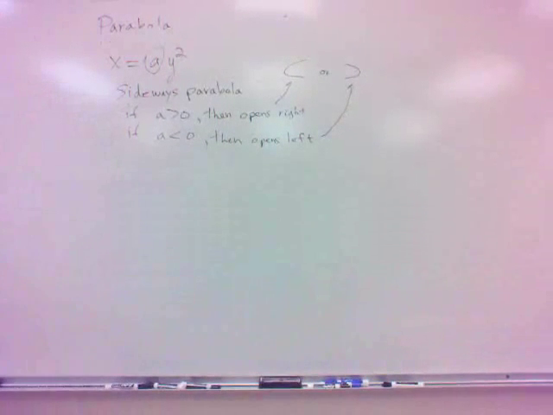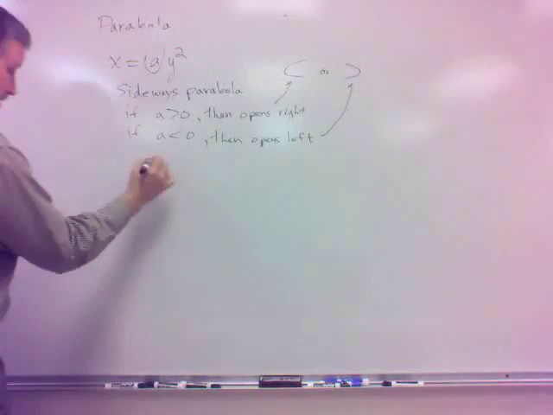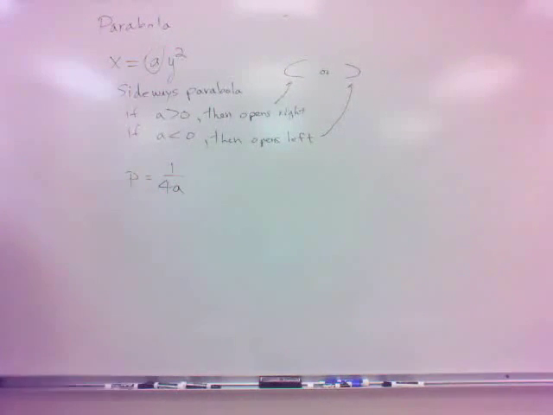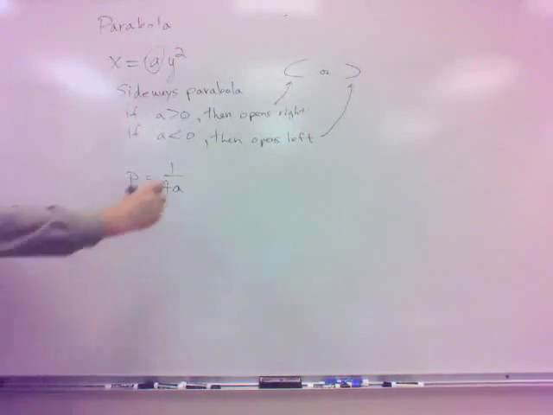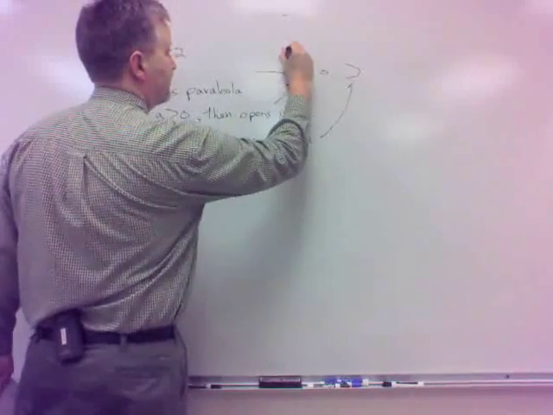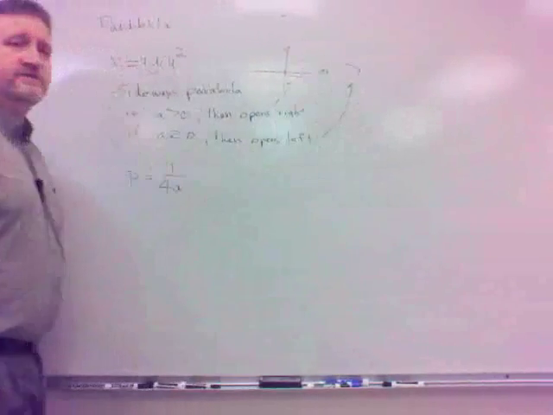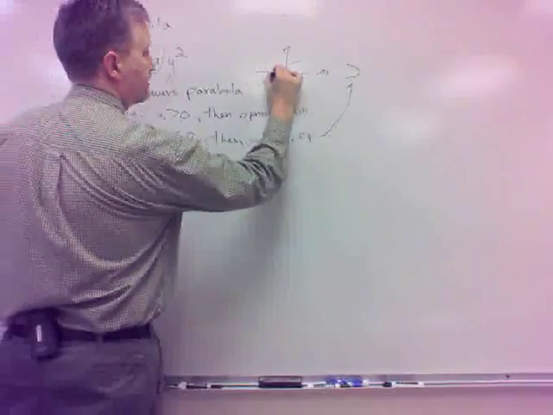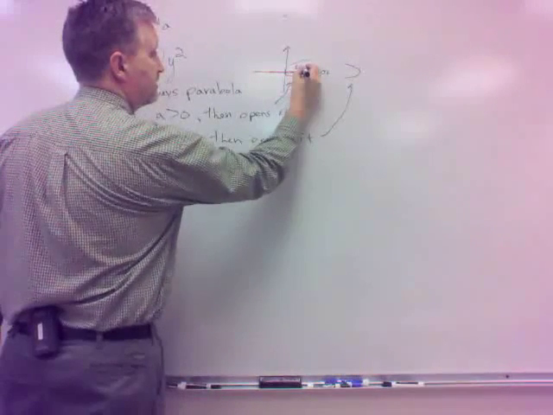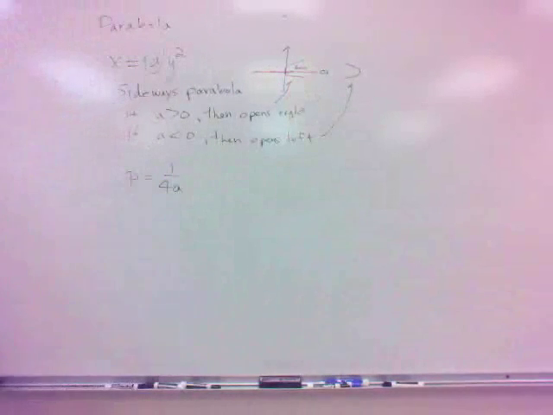All right, so the good news on this is P is still 1 over 4a. The distance to the focus is still 1 over 4a. Let's put in some axes here. Where do you think the focus is on that one, location-wise? Well, the focus is going to be along the axis of symmetry.